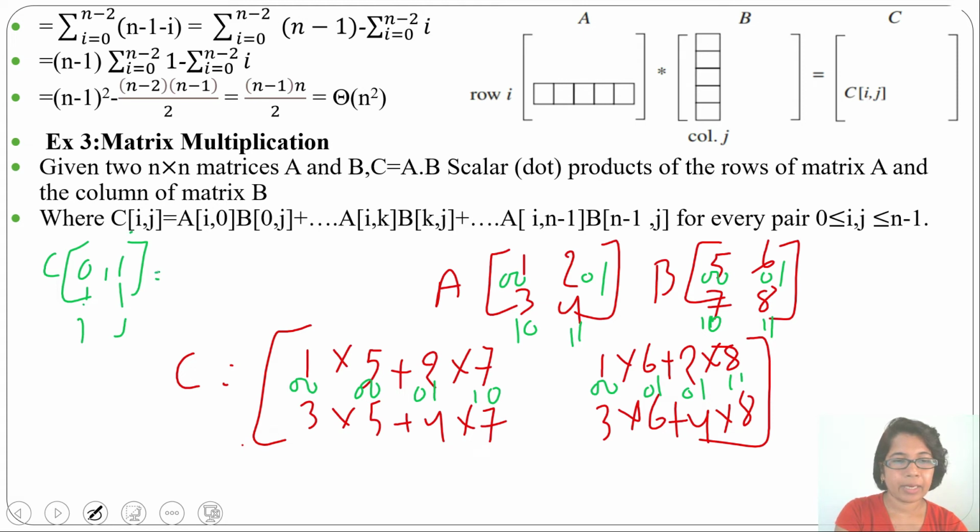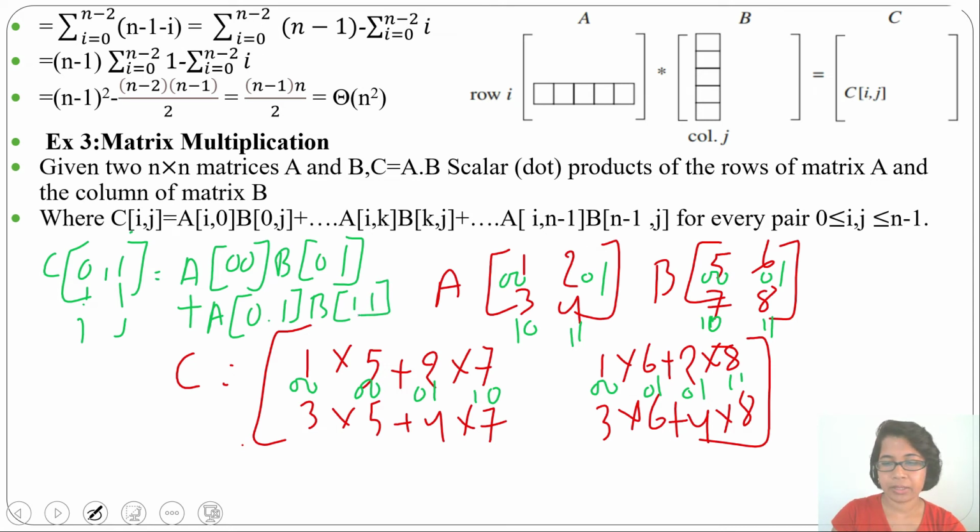So we can write A of i0 means A of 0,0, then B of 0j, 0j means 0,1. Here n is 2, so we'll just do 2 additions. A of i is for 0, n minus 1 is 1. A of 0,1, B of n minus 1 is 1, and j is 1. Now just check here: A of 0,0, yes, B of 0,1, yes, then A of 0,1, B of 1,1. We multiply according to this formula.